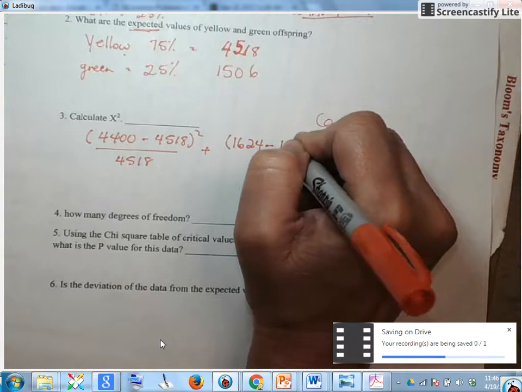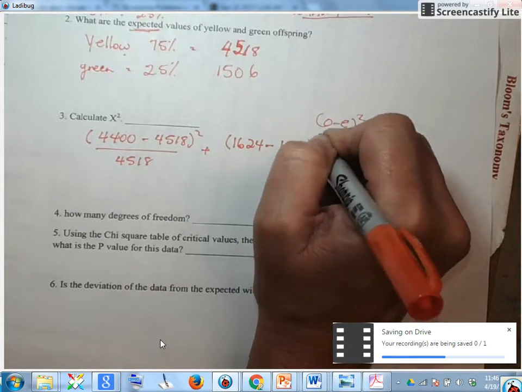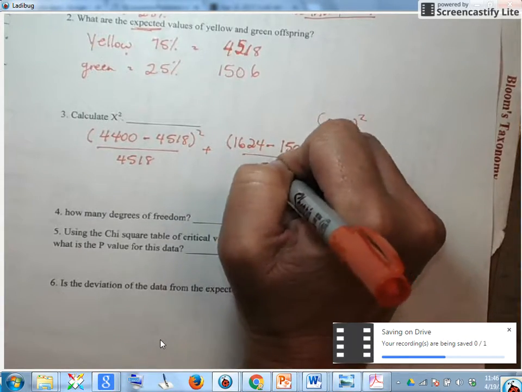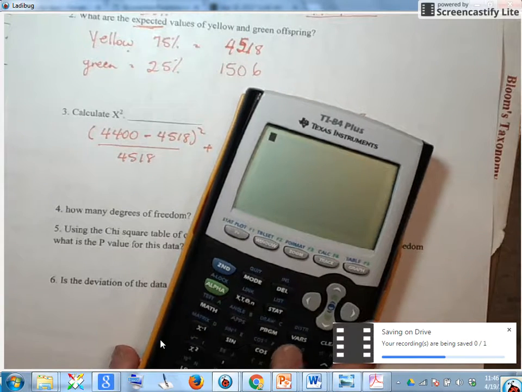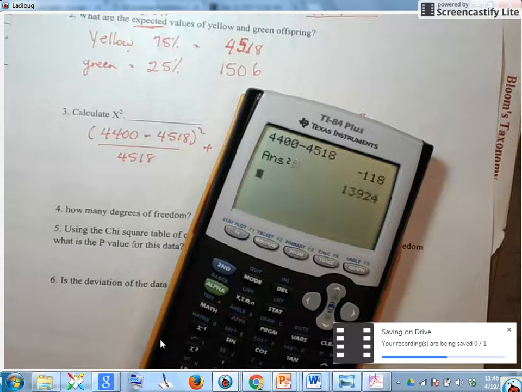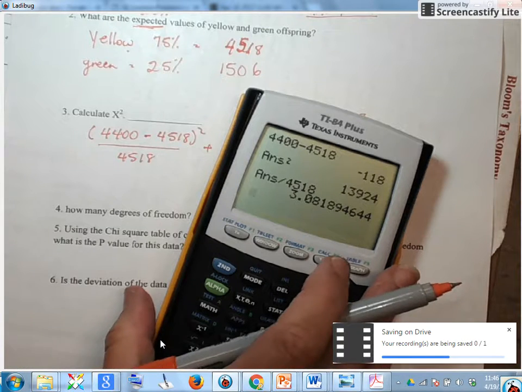We expected 1,506, squared, divided by 1,506. Okay, so plug in some math: 4,400 minus 4,518 equals, square that, divided by 4,518. That gives me 3.08.